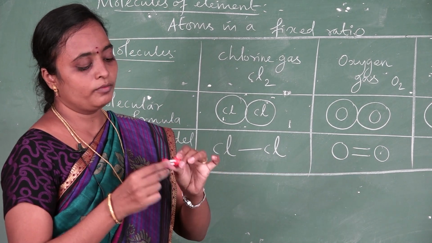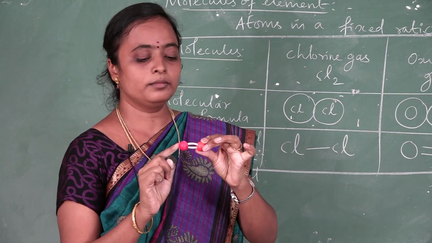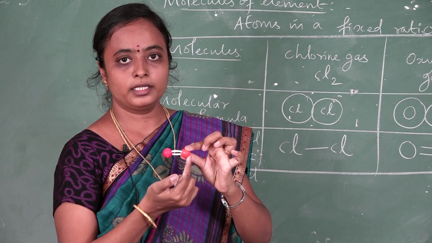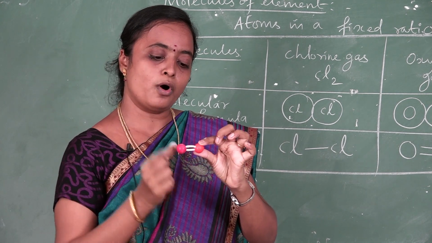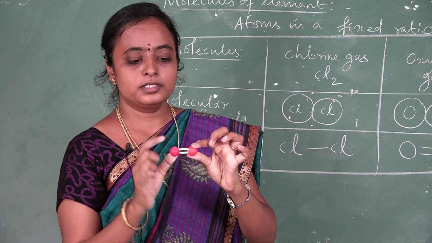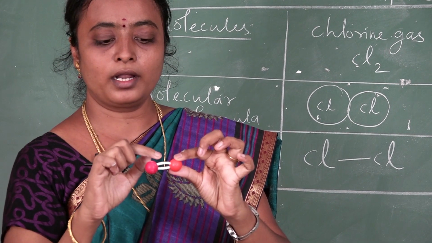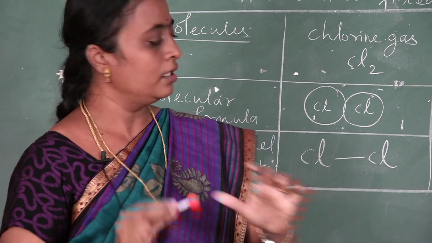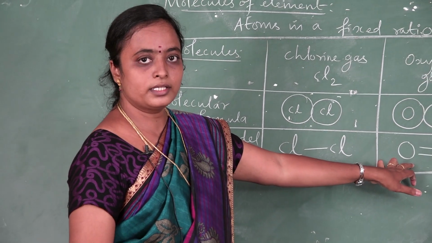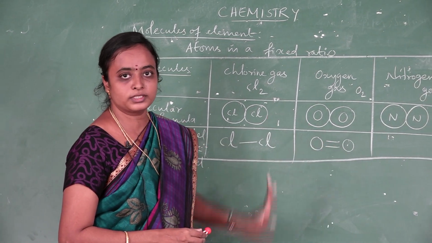So like this we can see this is one oxygen atom and this is another oxygen atom, and in between the two, two bonds will be formed. One is a single bond, that is a sigma bond, and another one is a pi bond. Like this, there is a double bond character between the two oxygens.